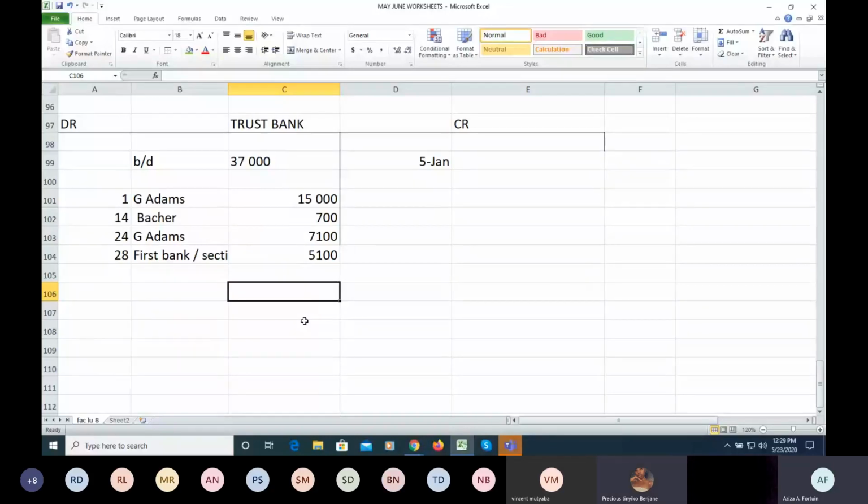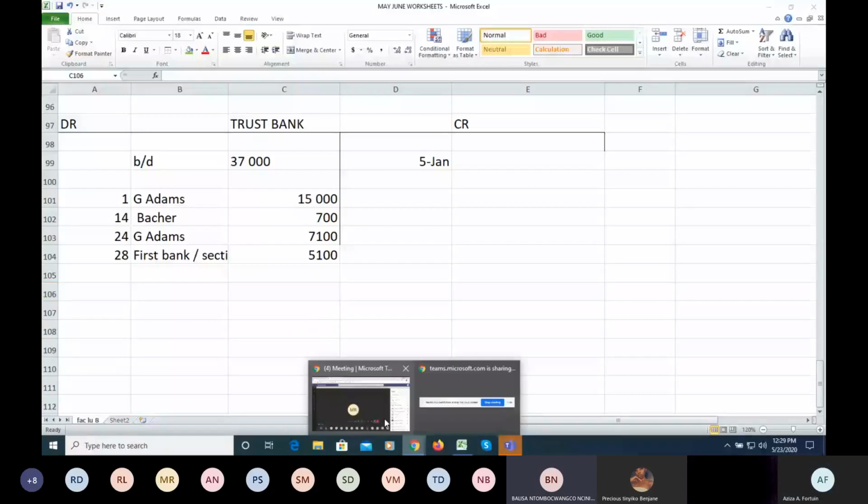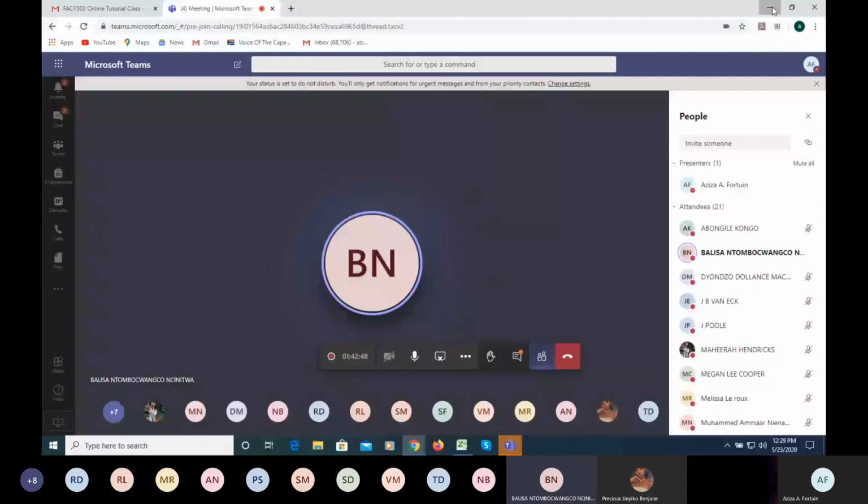Aziza? Okay. Yes. Can I try to explain? Yes. If we all look at the transactions on the 2nd and the 5th, Candice Attorneys took some money from the trust account to invest, which was 7,000 on the 2nd, and another instruction was given for 5,000 to be invested.